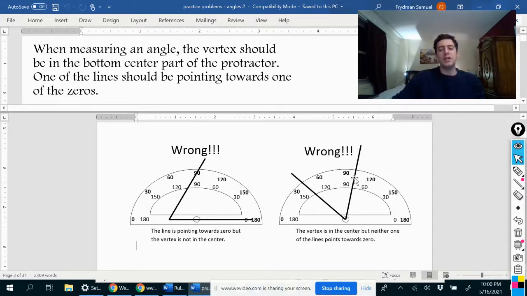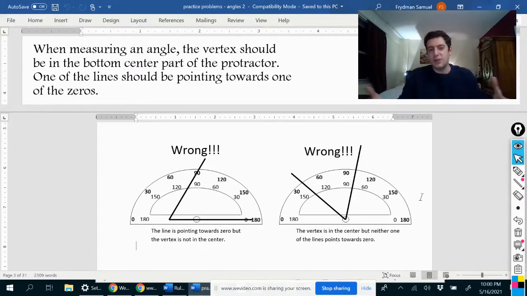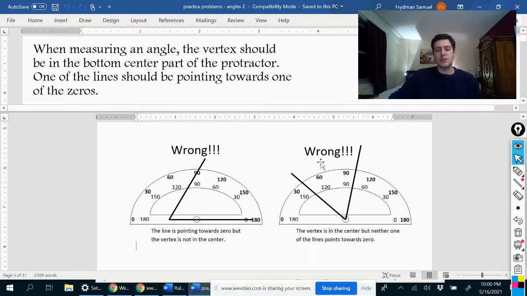It is still possible to figure out what the measure of this angle is by setting the protractor up this way. But like I said before, this is not the standard way to set up the protractor. So that's why I'm saying it's wrong here, even though you could still figure out what the measure of the angle is.